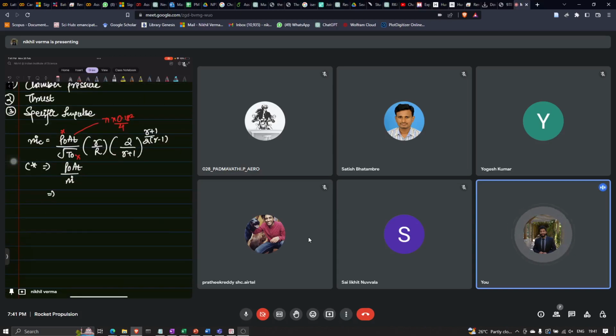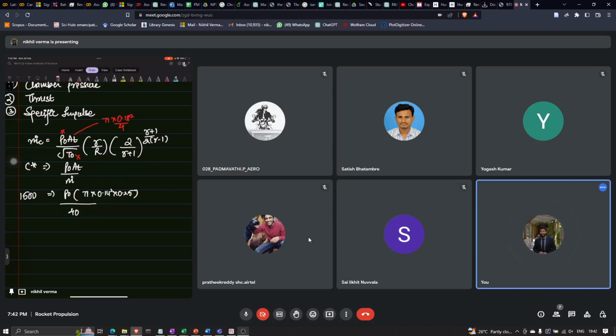Chamber throat diameter we know. M dot is 40 and C star is 1500. P naught we do not know.